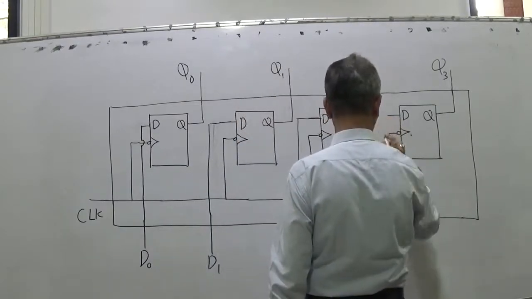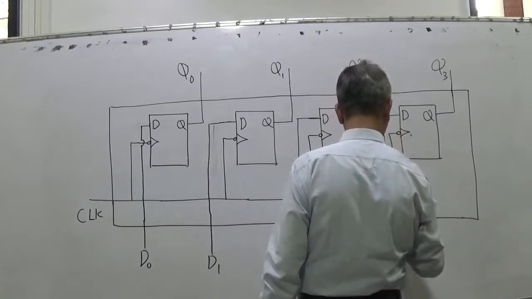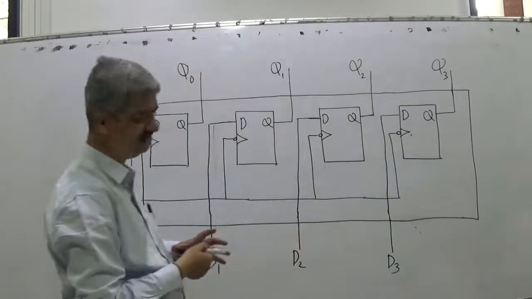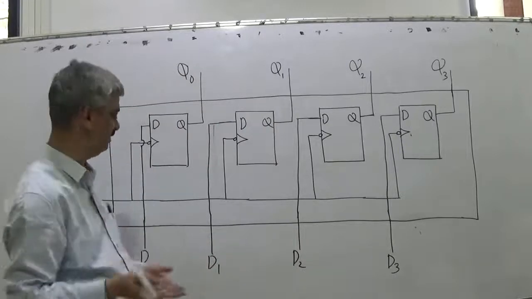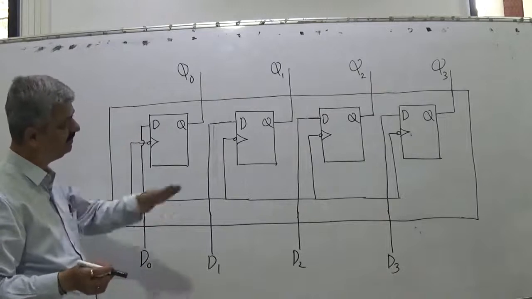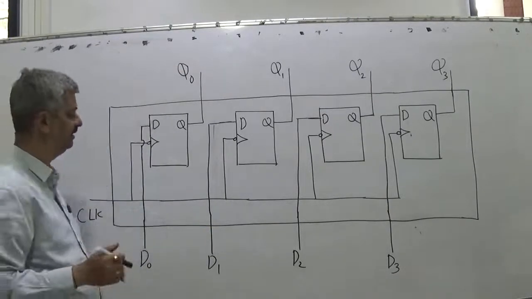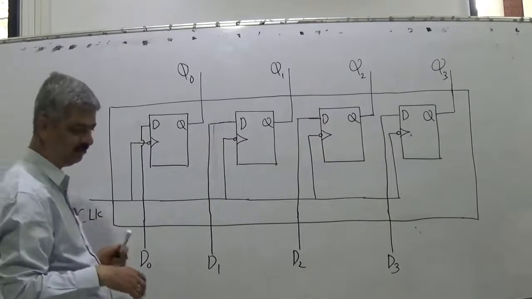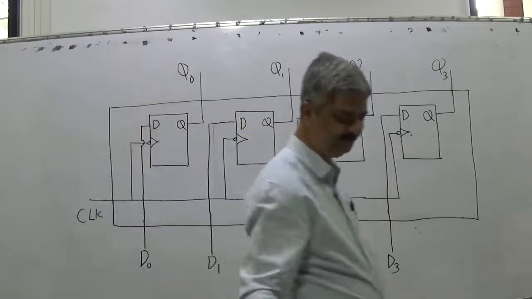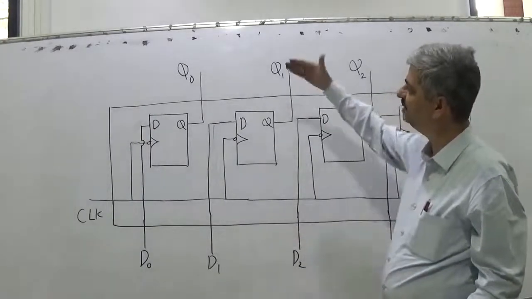It's actually not a question, but I am just asking. It is just 4 D flip-flops taken together. When I put clock, D0, D1, D2, D3 will be transferred to Q0, Q1, Q2, Q3. This is how we can put some value in the register.